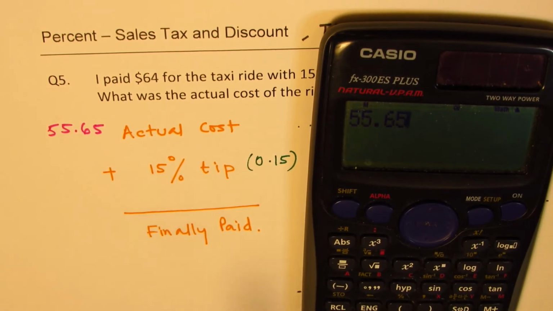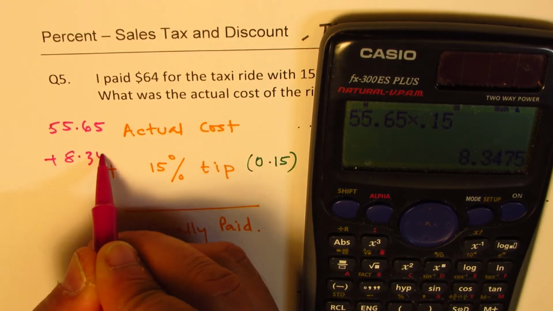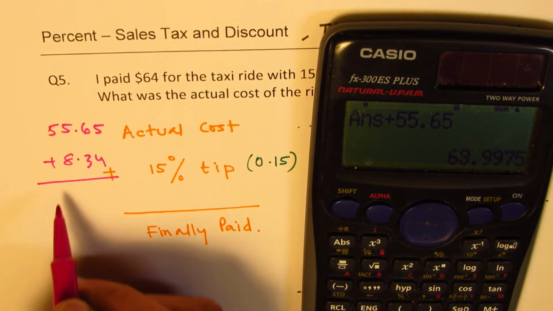So if I add 15%, which is times 0.15, how much do I get? This amount will be 8.34. So I have to add 8.34, right? So if I add this amount, what do I get? So when I add 8.34 to 55.65, I do get 63.99, right?